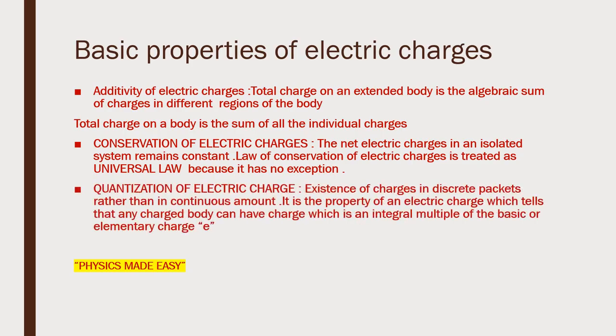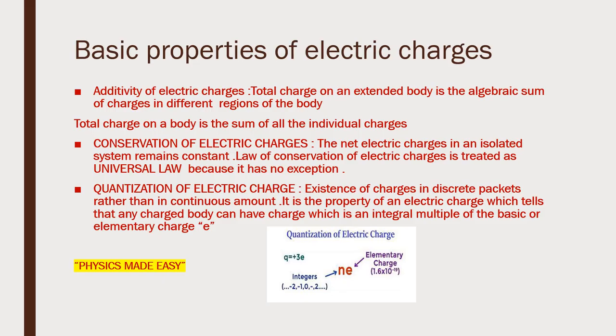The next property is the quantization of electric charges: existence of charges in discrete packets rather than in continuous amounts. Quantization is a property of electric charge which tells that any charged body can have a charge which is an integral multiple of the basic or elementary charge.